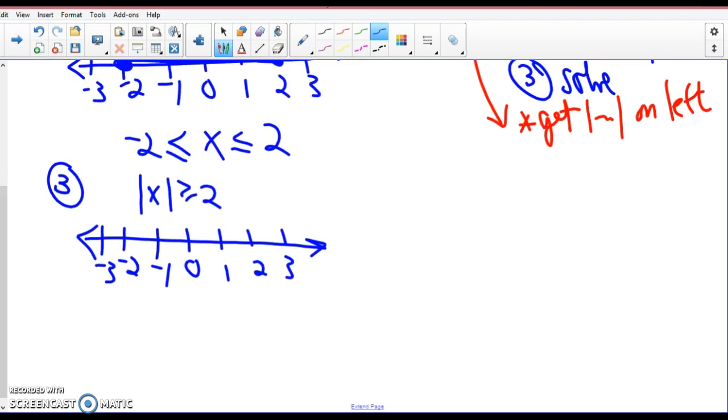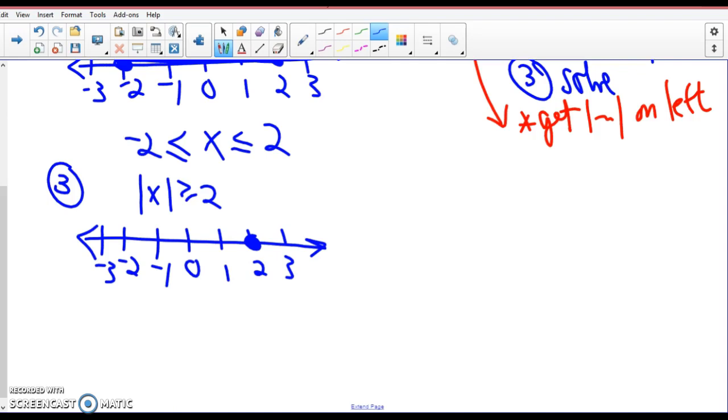Okay, let's start at 2 again. The absolute value of 2 is 2. Is 2 greater than or equal to 2? Yes, so I have a solid circle there. If this was just greater than, or up there just less than, it would be an open circle.